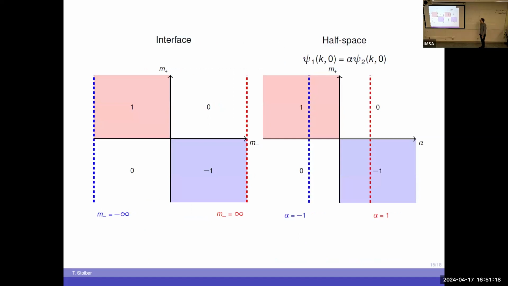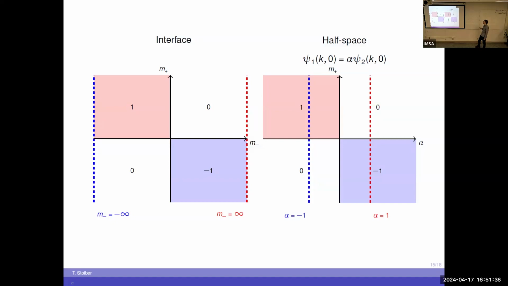And we can see this very simply by just drawing the phase diagram. In the interface model, we have two parameters: the mass at positive infinity and the mass at negative infinity. Depending on what these masses are, we get either 1 or -1 as the edge invariant.